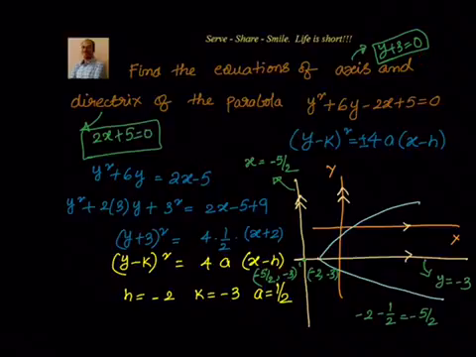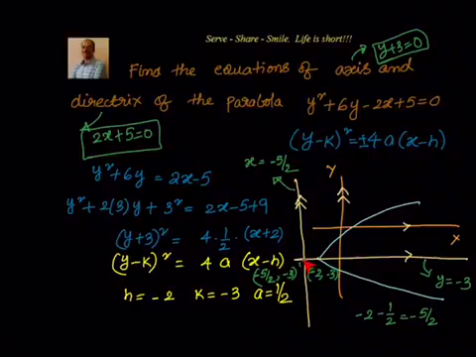Now coming to the directrix, we have to find a point on the directrix, because we know that on a vertical line the x coordinate is constant. If I am able to find the x coordinate, then I can say the equation of the directrix is x equal to that value.